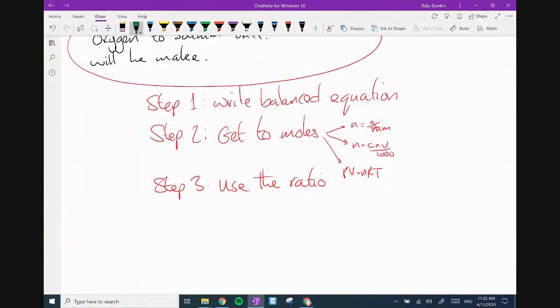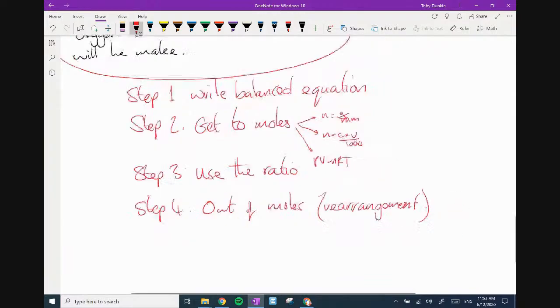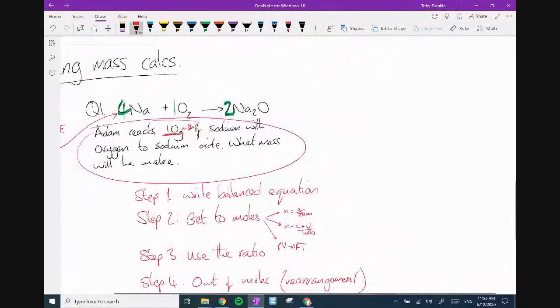And then finally, step number 4 is get out of moles. This will be a rearrangement of some type. This is not complicated. Okay, so let's run this particular example.